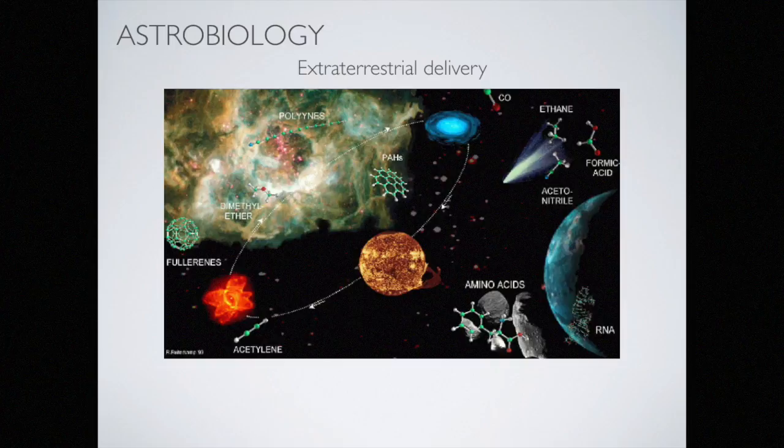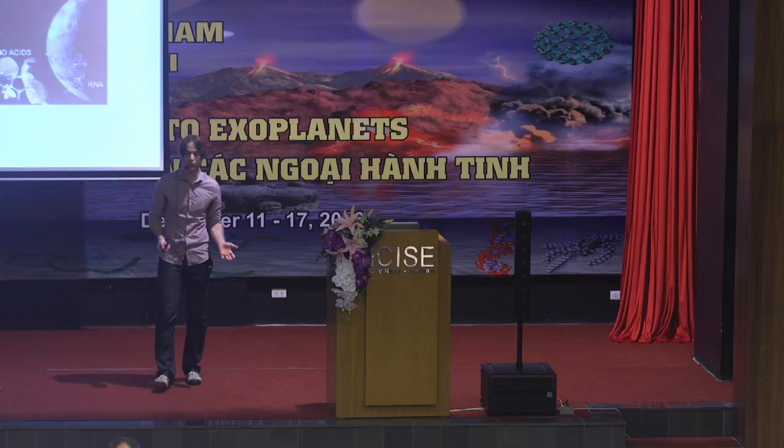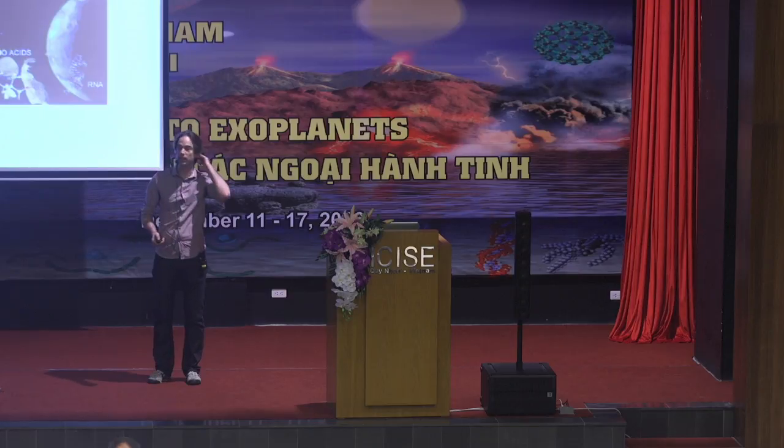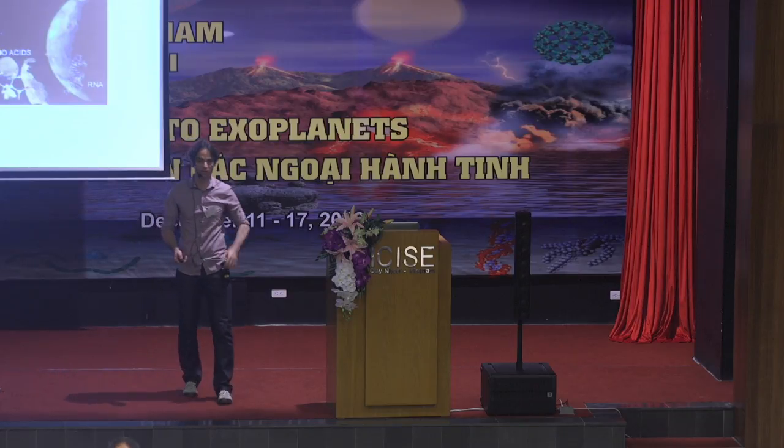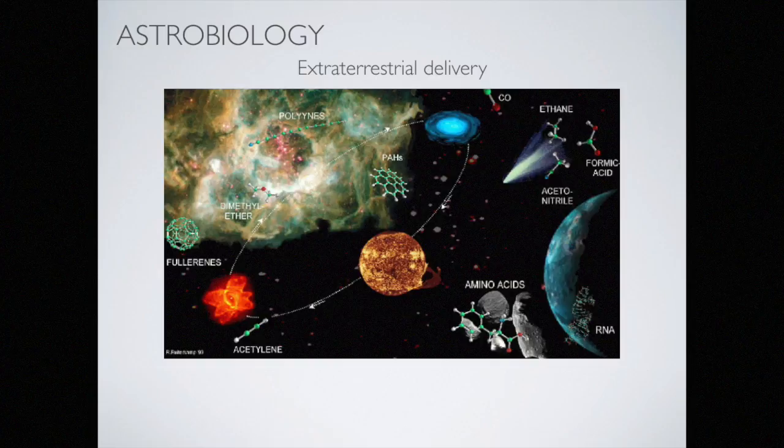So the main thing here is that we're talking about carbon. Carbon is the most versatile element in the periodic table, and it's the one that does all the chemistry of life. So what I'm interested in is the building blocks of life.